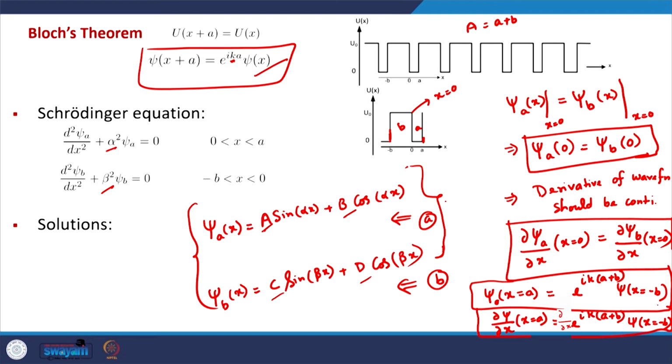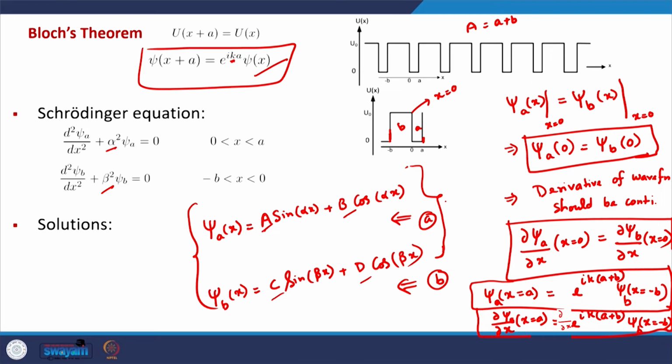So this psi at x equal to minus b is basically the psi B function, and psi at x equal to a is the psi A function, similarly for the derivatives. So these are the 4 boundary conditions that we will use in order to find these 4 unknowns A, B, C and D in the solution of the wave function.